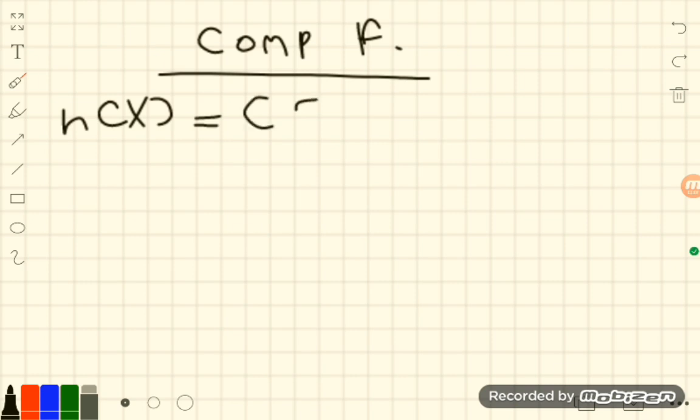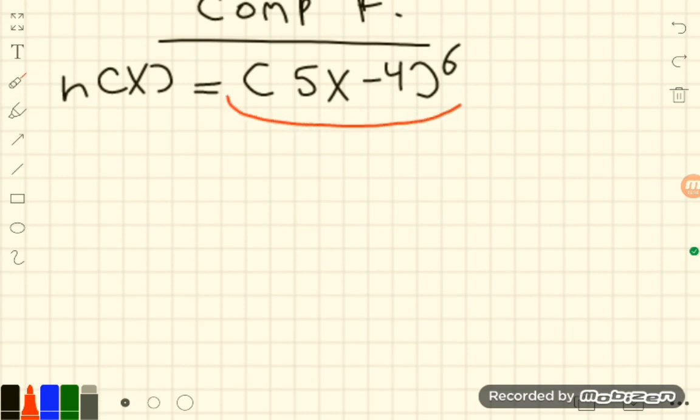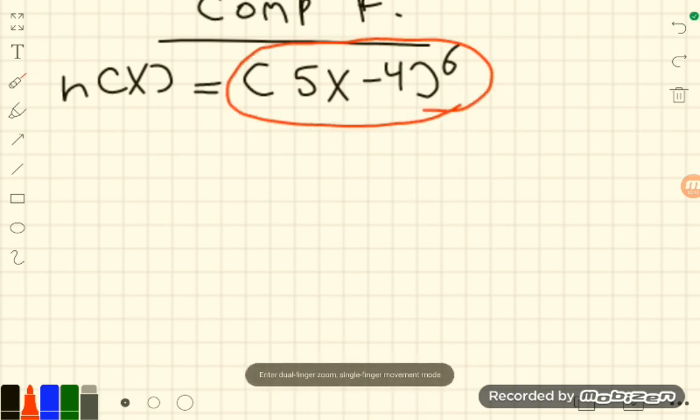So we're going to say h of x equals (5x minus 4) to the 6th power. Now, can I somehow break this large function into two smaller composite functions and reform it again? It's like how you break a building and then you reform it again.